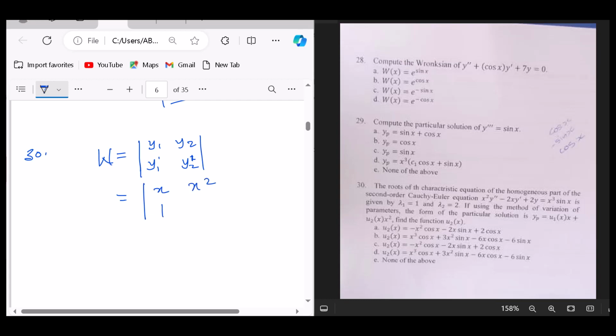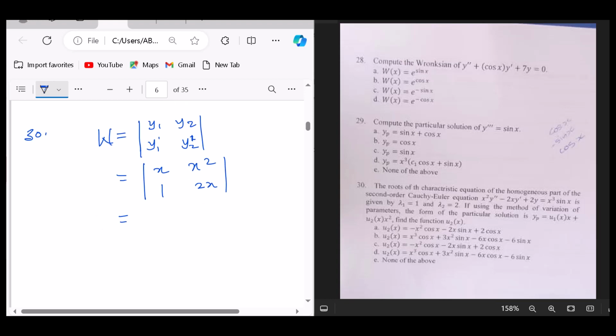Differentiating them, we get 1 and then we get 2x. If we calculate further, this will just be 2x squared minus x squared, and this is just x squared. So this is our Wronskian.